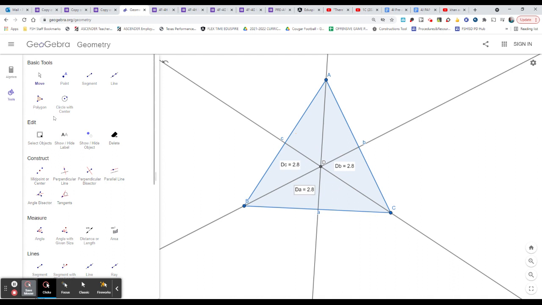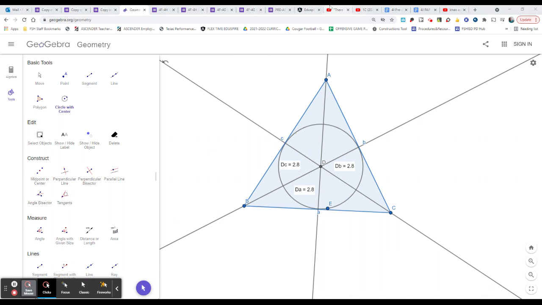What's cool is now if we do our circle with this, we see D, we're going to create a circle that is inside the triangle. So the angle bisector is going to create that circle inside the triangle right there, which is kind of cool.